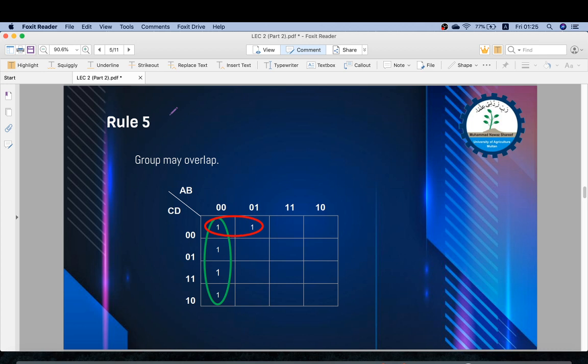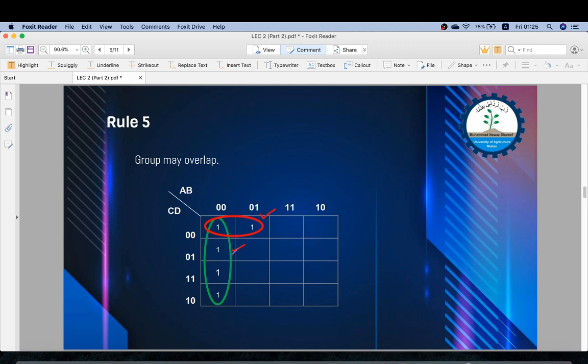What is overlap? Overlap means that when we are grouping, two groups can be combined, not in the sense of combining all the variables, but just overlapping with some cells. For example, here we make two groups. One group is of these two cells and one group is of these 4 cells.